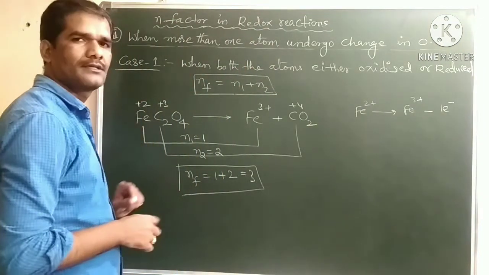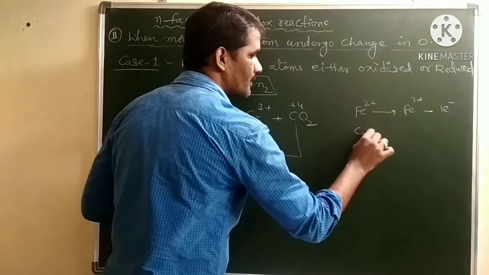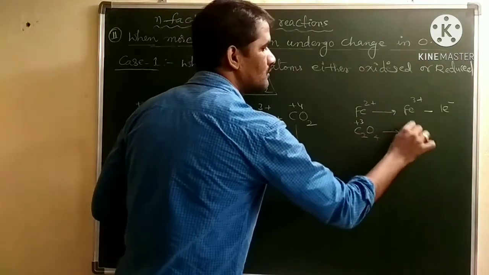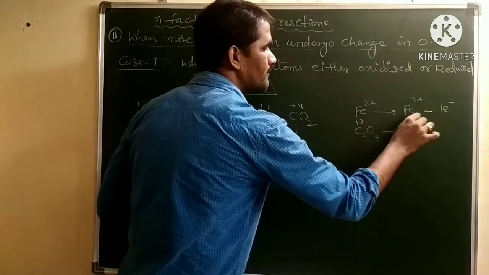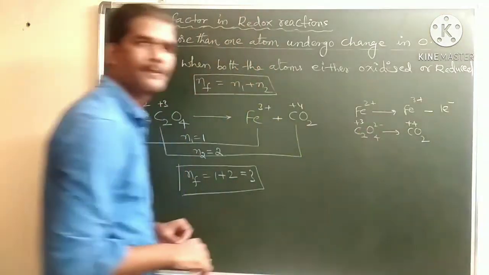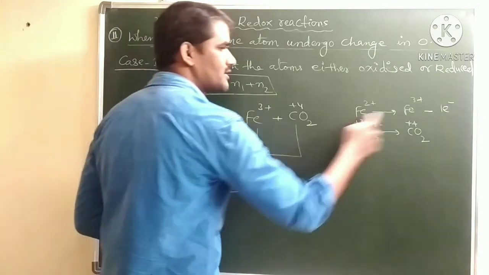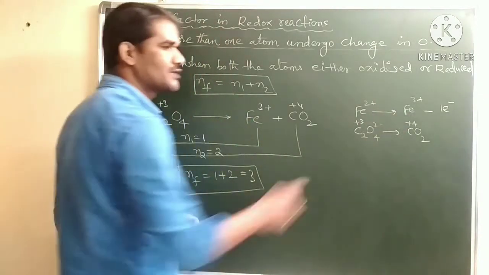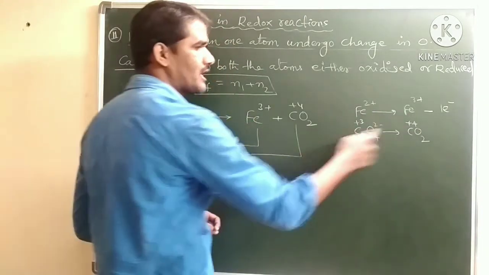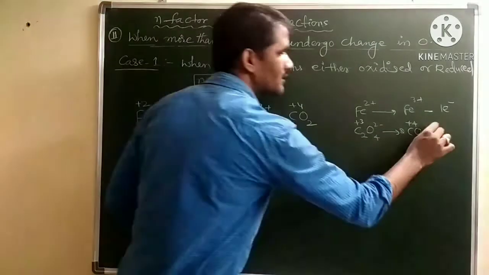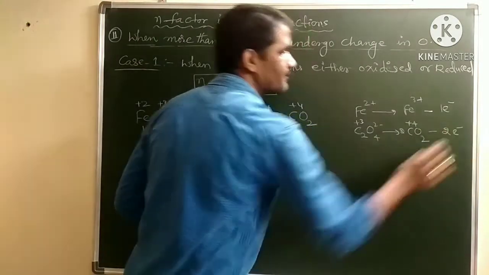Similarly, oxalate, carbon changing from plus 3 to plus 4 means the oxidation state is increasing, so again it loses electrons. Two carbon atoms are there, so for 2 carbon atoms it requires a total of 2 electrons.